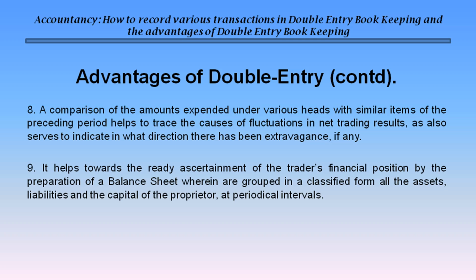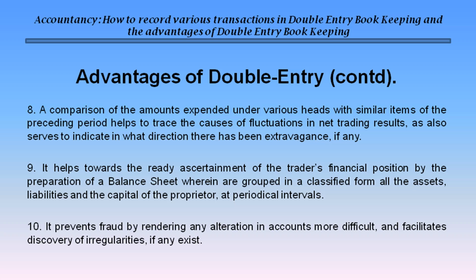It helps towards the ready ascertainment of the trader's financial position by the preparation of a balance sheet wherein are grouped in a classified form all the assets, liabilities and the capital of the proprietor at periodical intervals. It prevents fraud by rendering any alteration in accounts more difficult and facilitates discovery of irregularity if any exists.